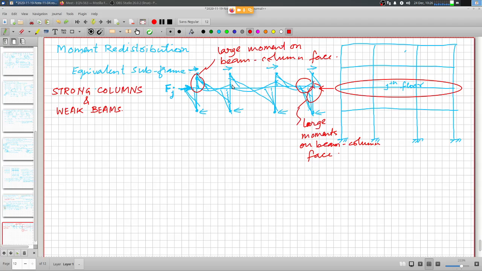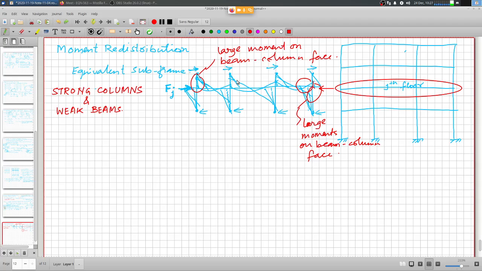Beam column junction is very, very congested with reinforcement, and you cannot really have that kind of anchorage requirement, bending the rods inside the beam column junction to get the sufficient development length in order to develop the full bond. So it has to extend beyond certain lengths until it achieves the bond strength.